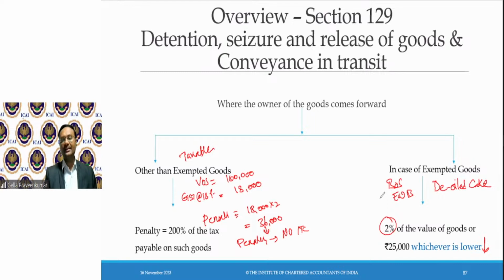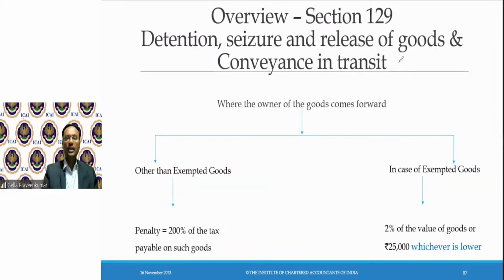Law says if consignment is worth 1 lakh, 2% of this happens to be rupees 2,000. 2,000 or 25,000, whichever is lower, will be collected as penalty. This is in case the owner of the goods comes forward for payment. So when the vehicle was stopped, whoever is owner comes, sir, galti ho gaya, maaf kar dena.